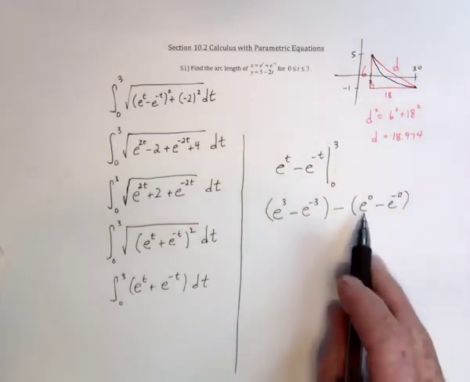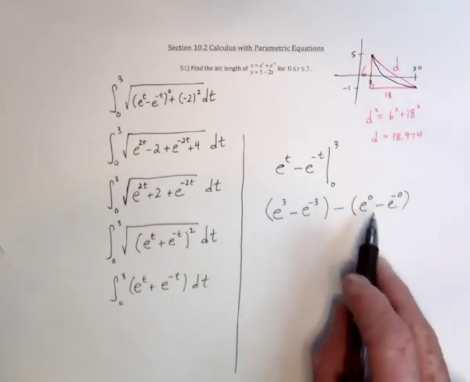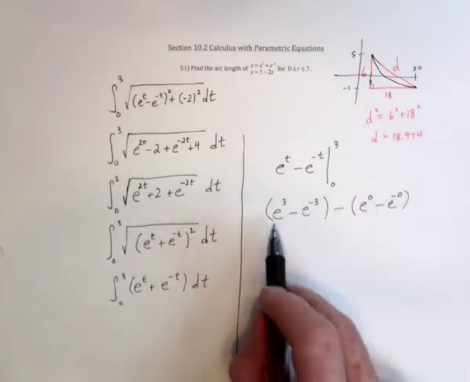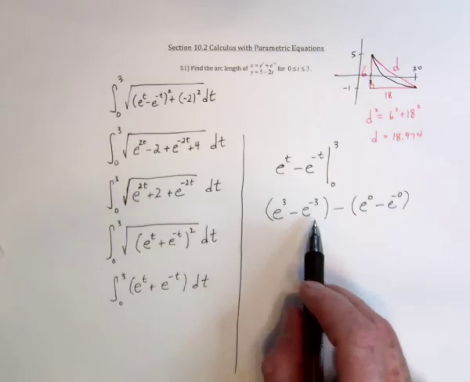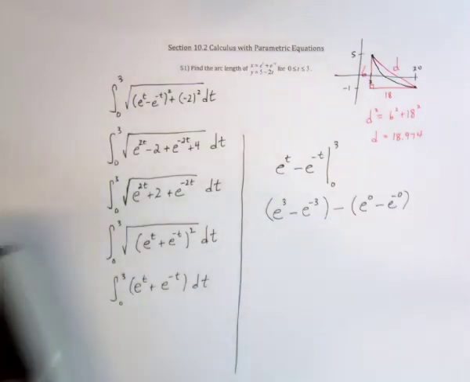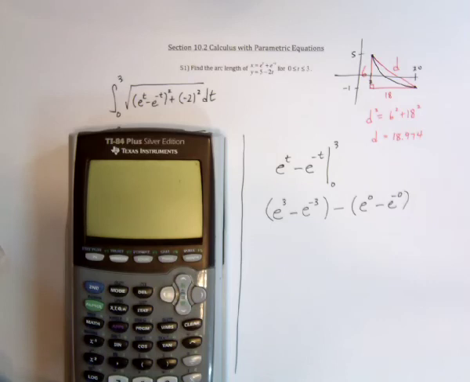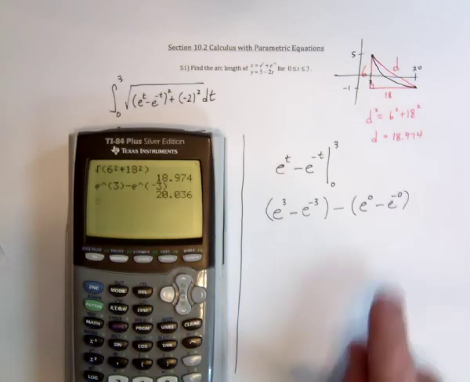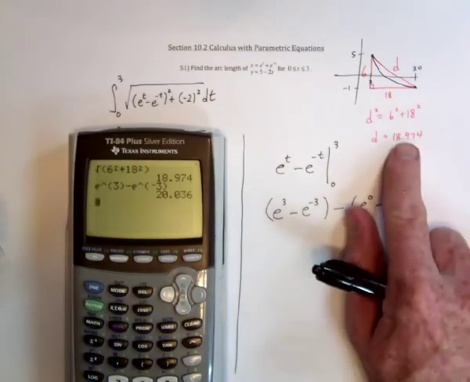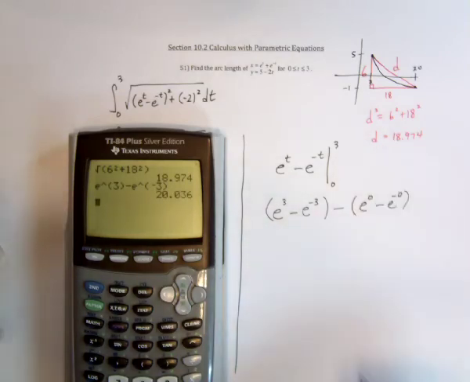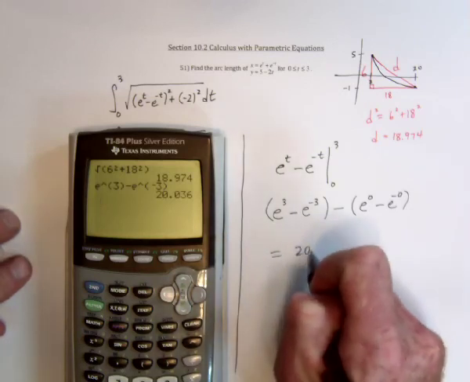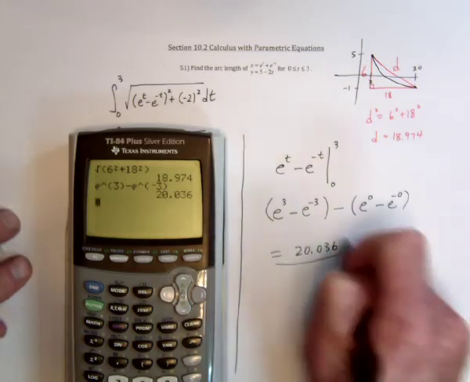Well, this is a 1, and this is 1, so subtracting those, they're gone. So we really just have this part. So then, how much is that? E to the 3 minus e to the negative 3, 20. Very good. So the estimate, like I said, is an underestimate, and an answer of 20.036 is very believable.